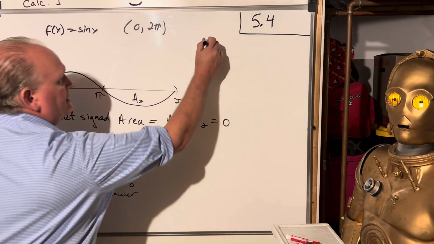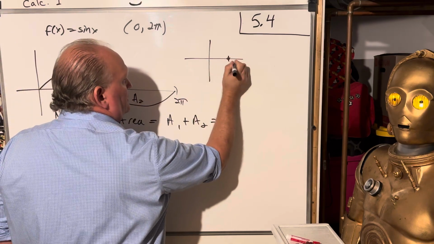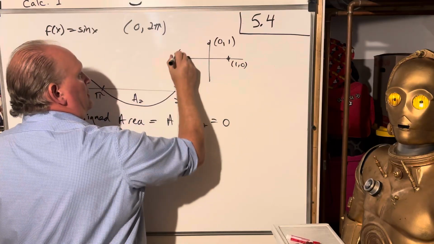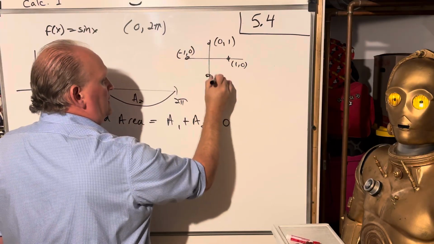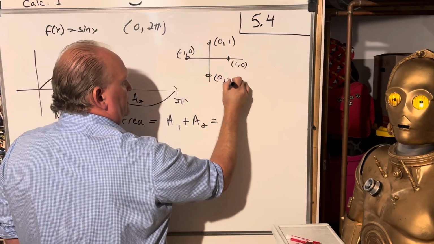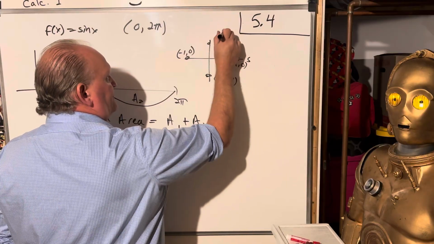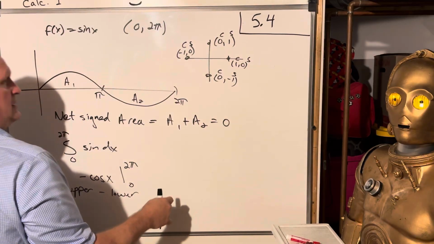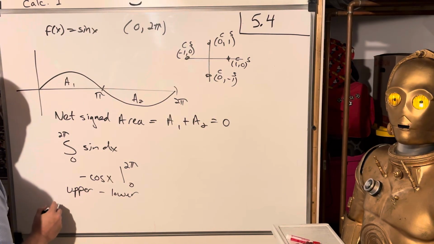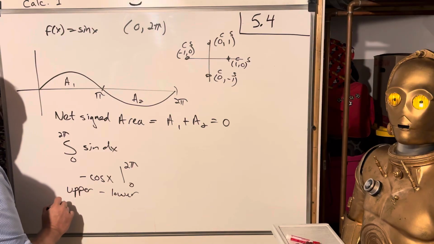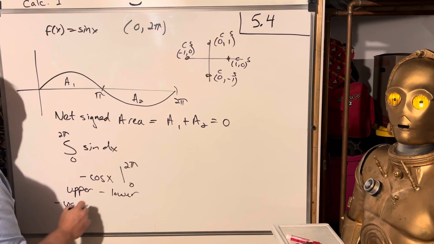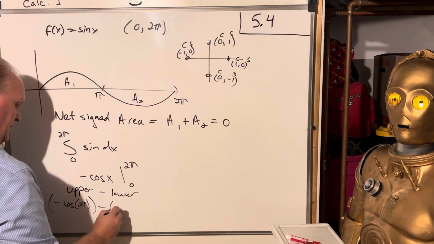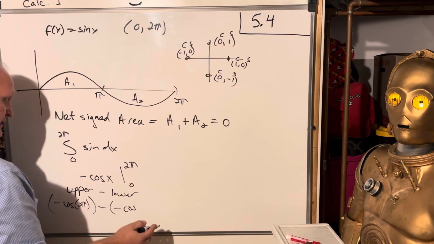So we want the opposite of the cosine of 2 pi minus the opposite of the cosine of 0.